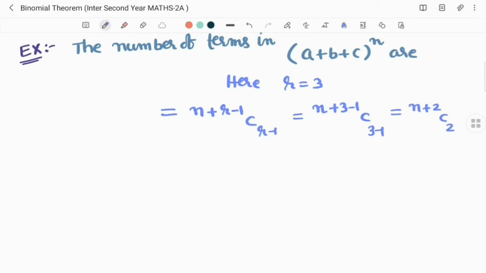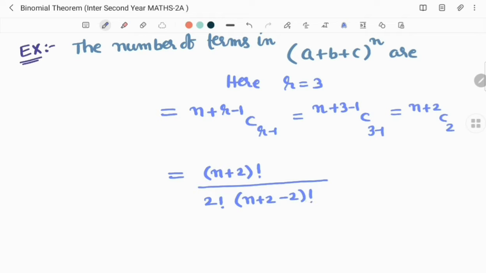Even if you expand n plus 2 C 2, using the nCr formula, n plus 2 factorial by 2 factorial into n plus 2 minus 2 factorial, these two, minus 2, get cancelled.